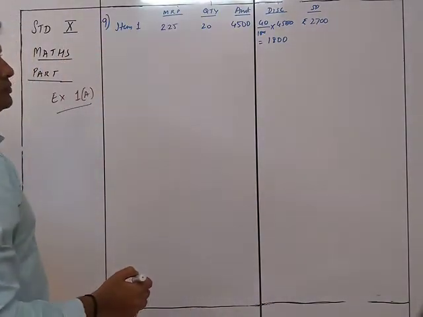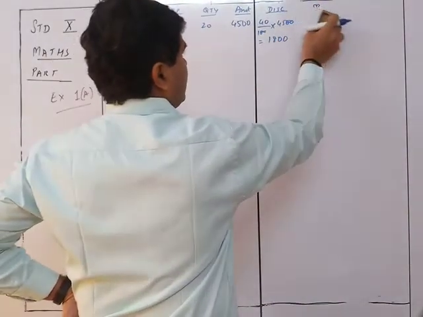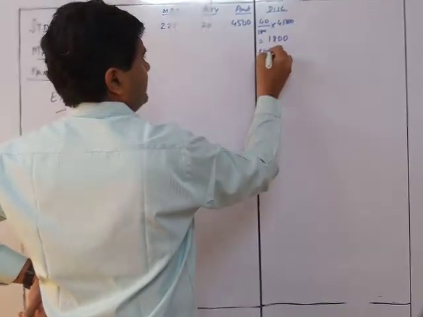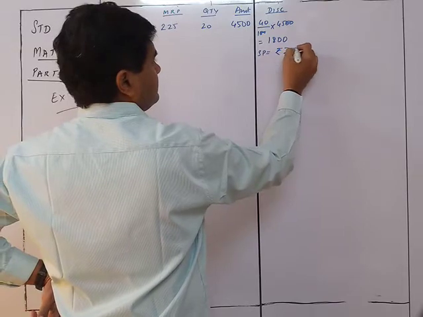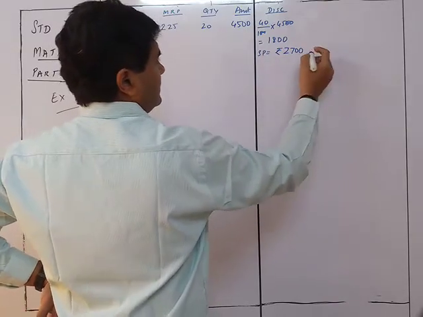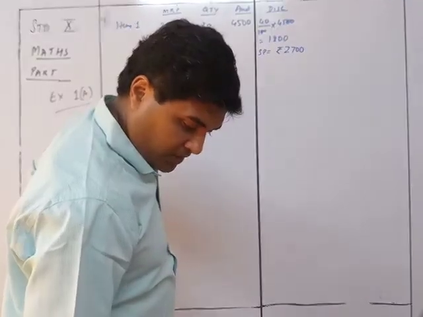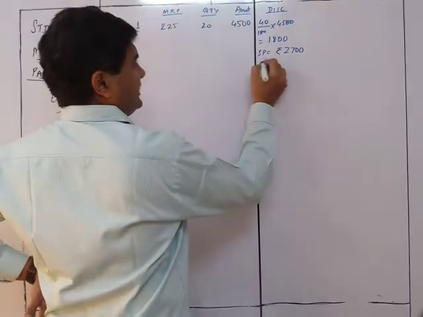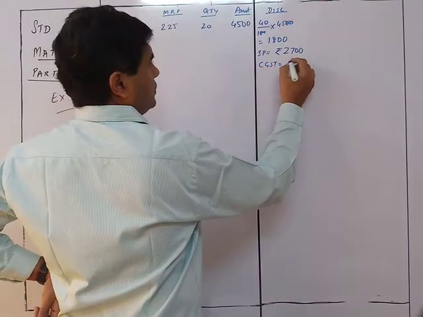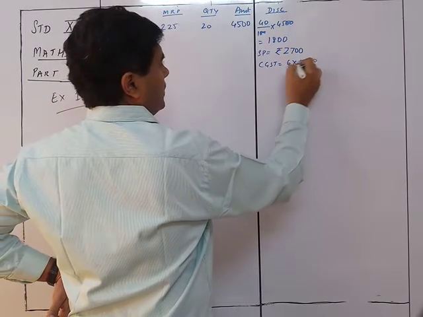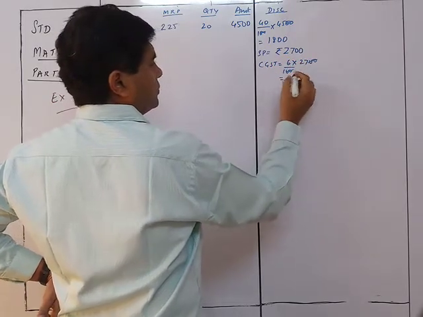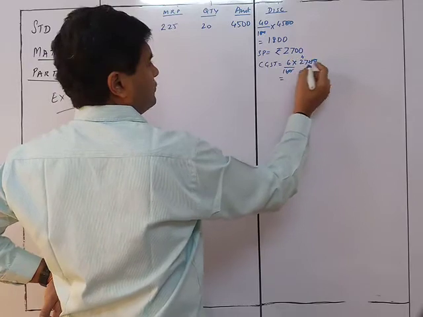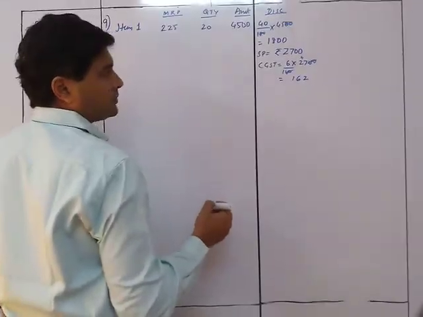I'll just write it below so that I'm not wasting space for GST and all. So SP is rupees 2700, and then we have the GST, given as 12%, so 6% each. CGST is equal to 6 into 2700 upon 100, which is 162 rupees.